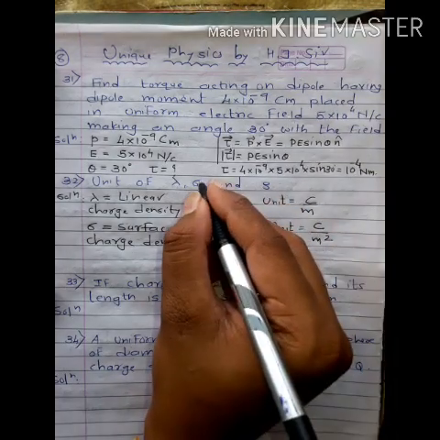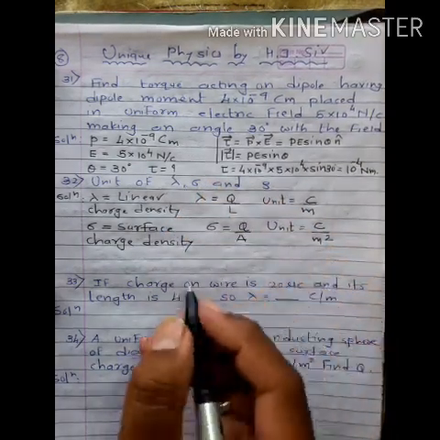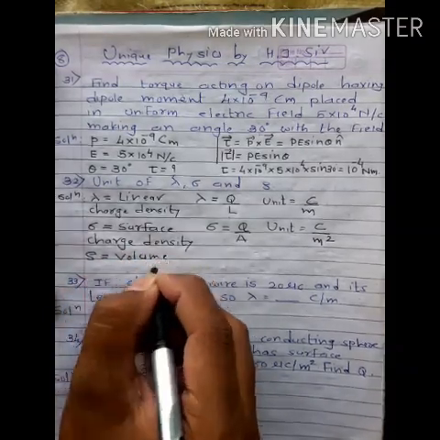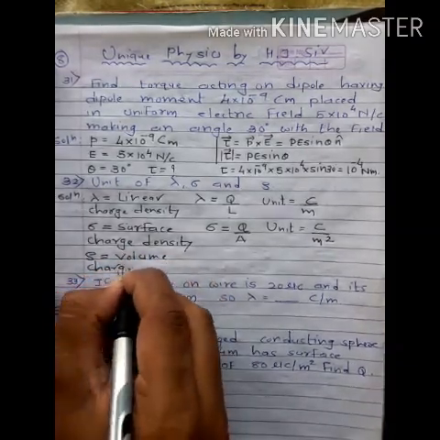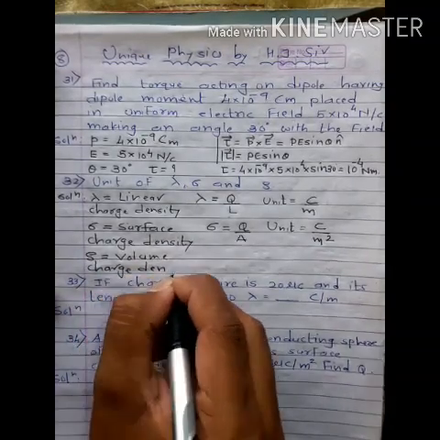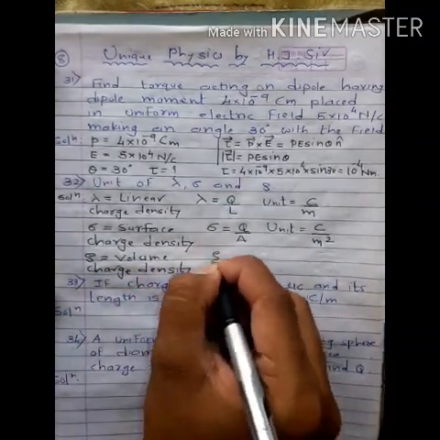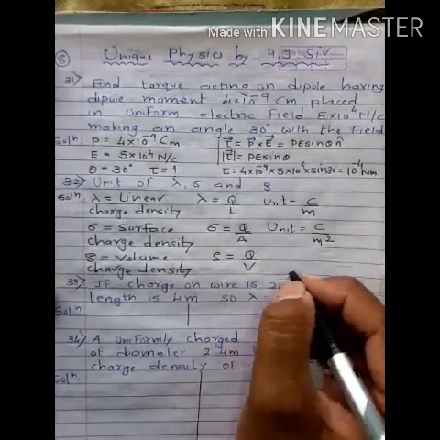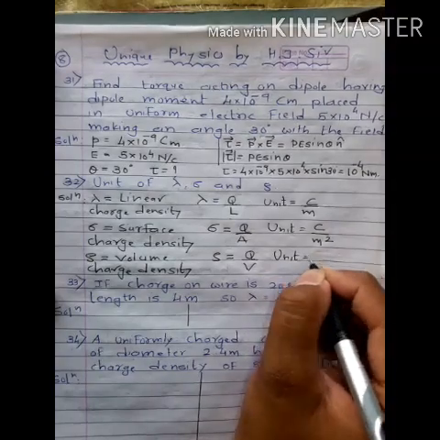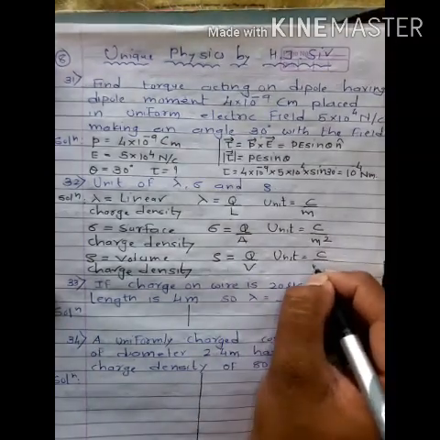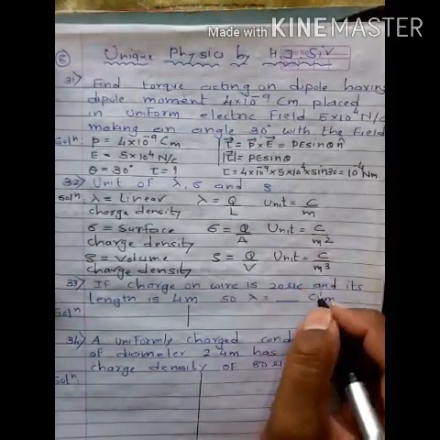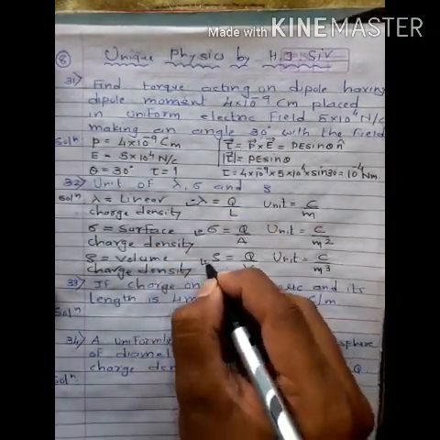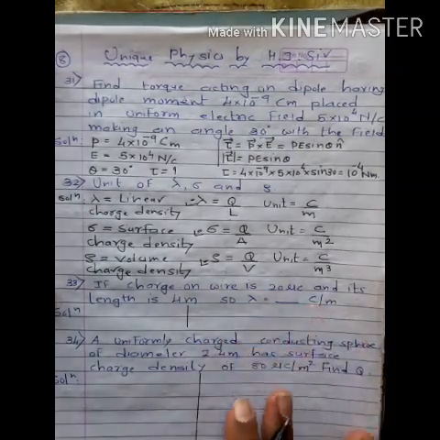So unit of sigma is coulomb per meter square. Similarly, rho is known as volume charge density. Volume charge density is given by charge per unit volume, Q by V. So its unit is coulomb per unit of volume is meter cube. Remember these three equations. These three equations are important equation for MCQ.